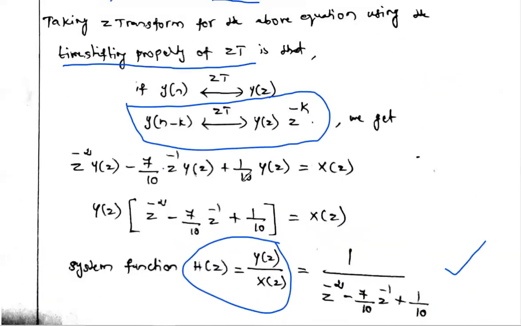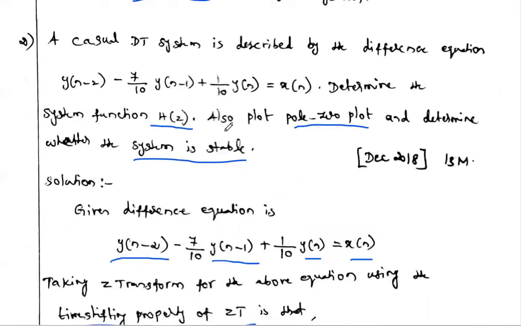And what is the third question they are asking? From the drawn pole-zero plot, also determine whether the given system is stable or not. Okay, so in order to check the stability of the system, already in the first video of this fifth unit, I posted one video in terms of impulse response.